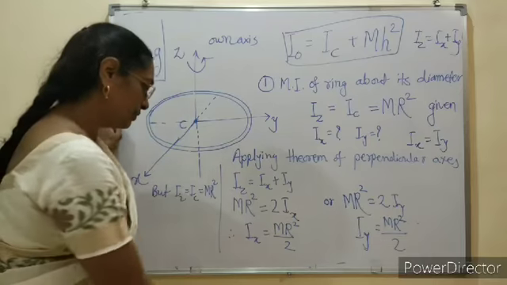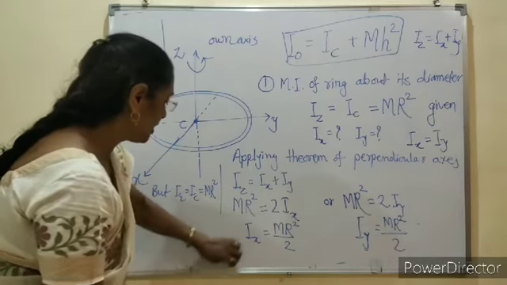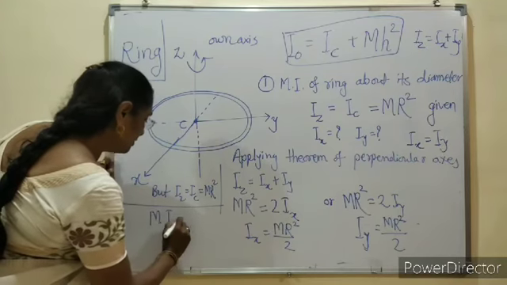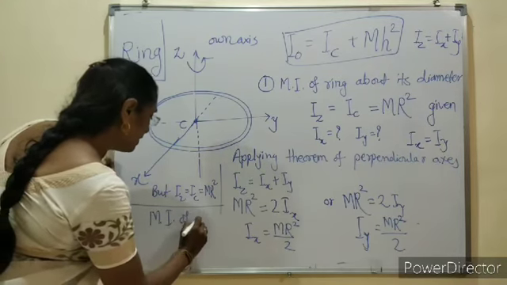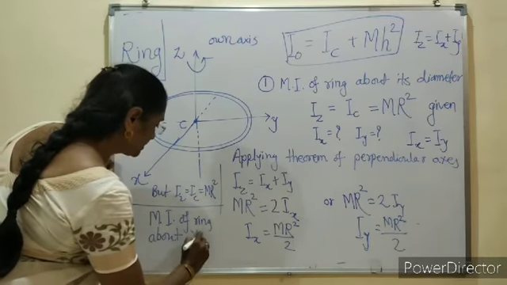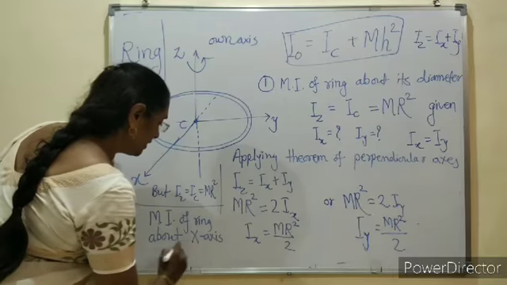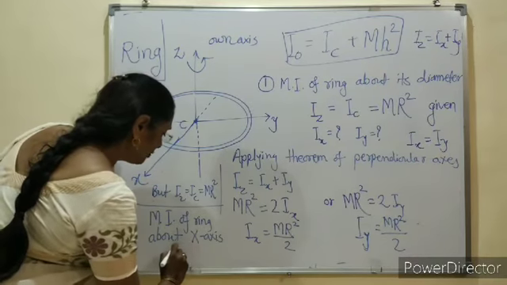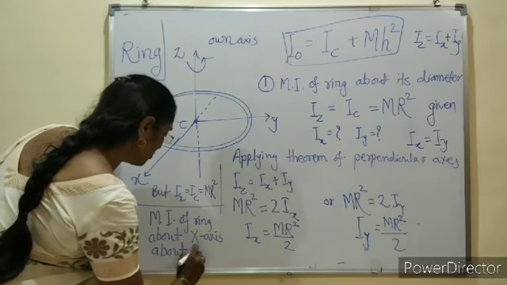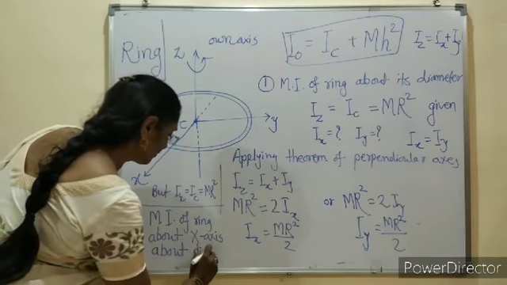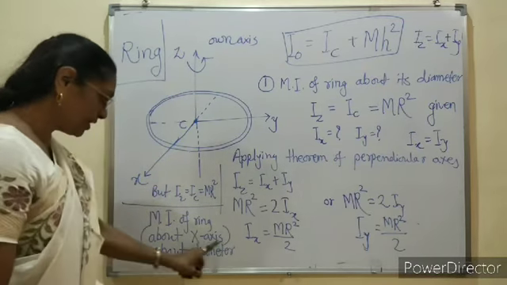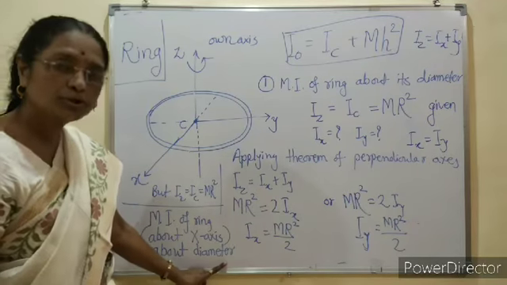We can describe here that Ix is the moment of inertia of the ring about the x-axis, but the x-axis is also a diameter, so we can say it is about the diameter. So instead of saying about x-axis, we can say it is about diameter.